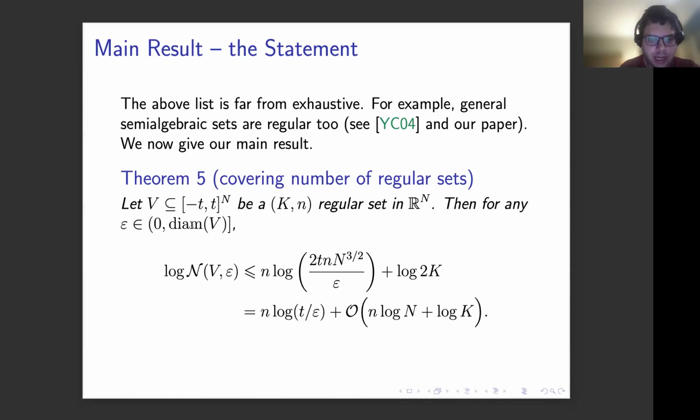Then for any radius epsilon less than the diameter of V, we have this bound for the log covering number. It's at most intrinsic dimension times this log here plus log 2k.